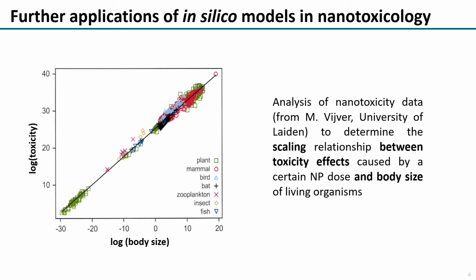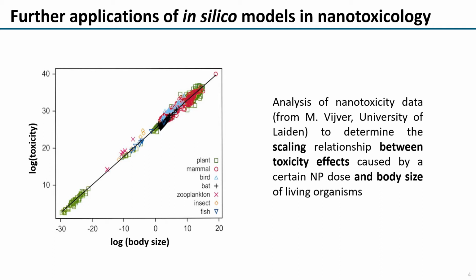And also we have applied the in silico model in relation to scaling with respect to body size of different living organisms, and for this we use the environmental data from the University of Leiden, and we try to determine the scaling relationship between the toxicity effect caused by certain NP dose and the body size of the living organism.